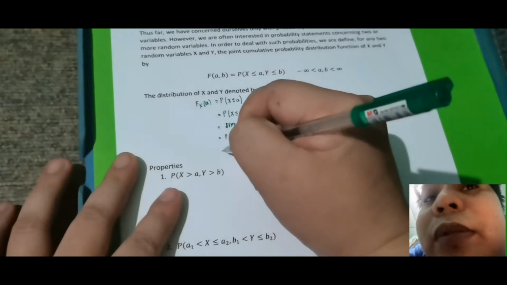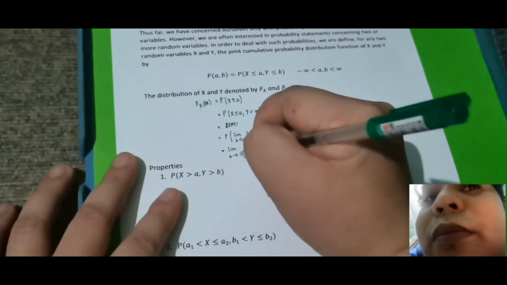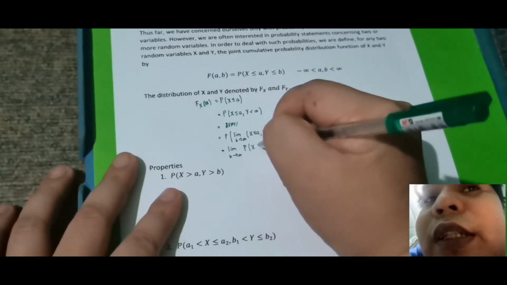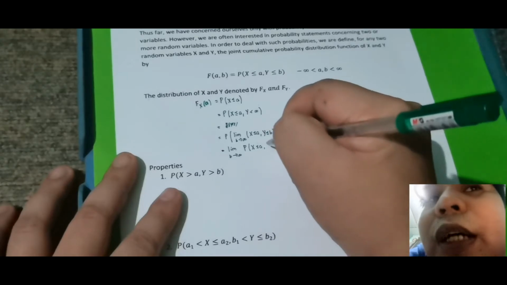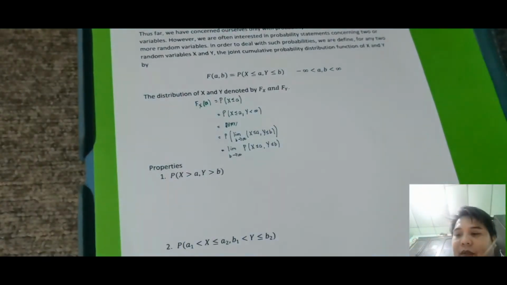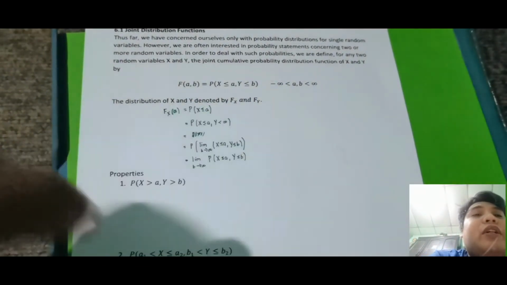So, next is apply natin yung limit na yun o yung rule. So, the limit as B approaches infinity ng probability ng X less than or equal to A, comma, Y less than or equal to B. Okay, then obviously eto na yung nasa taas. So ayun yung goal ko.